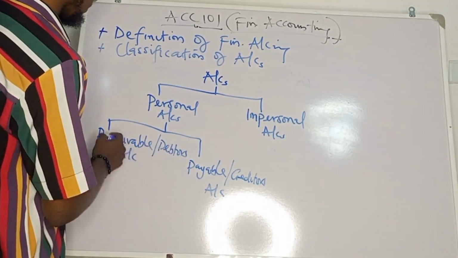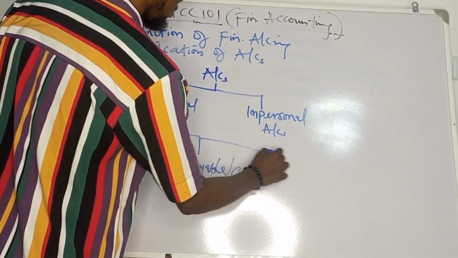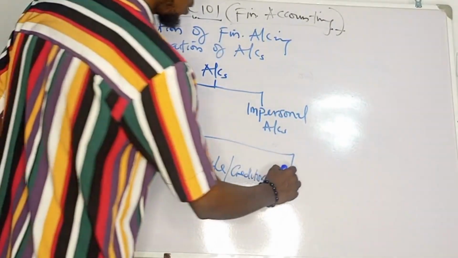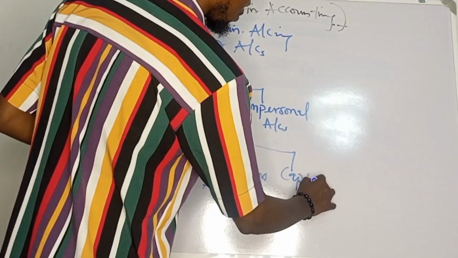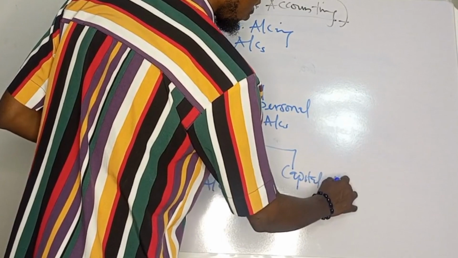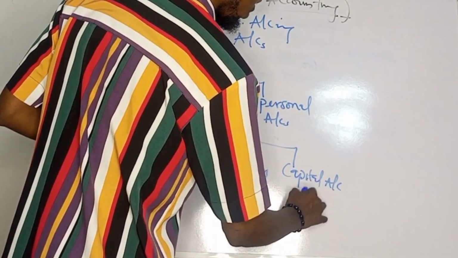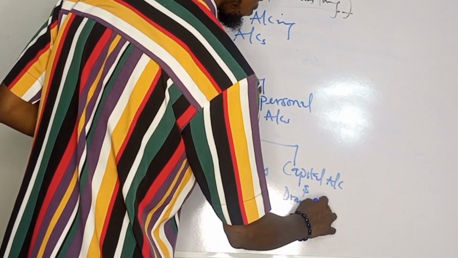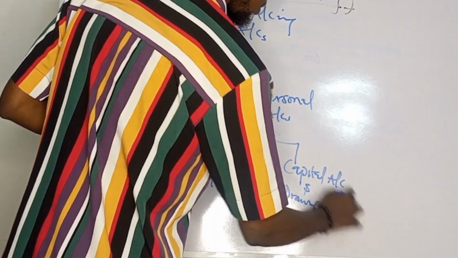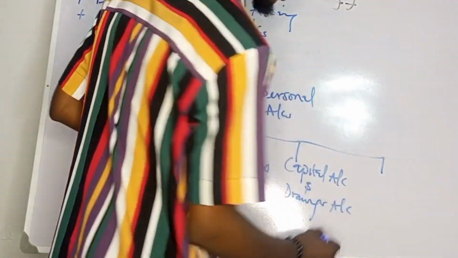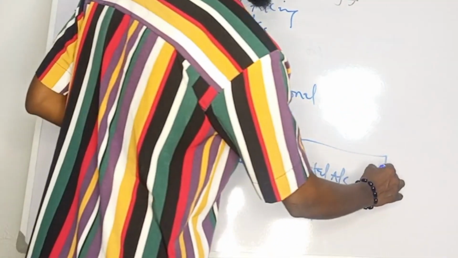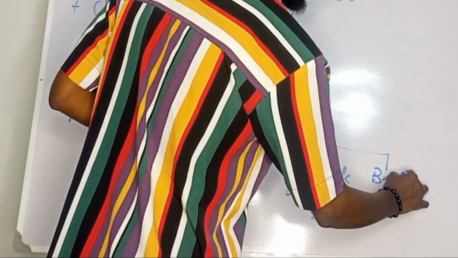Then we also have the capital account and drawings account. Then we also have the bank accounts.